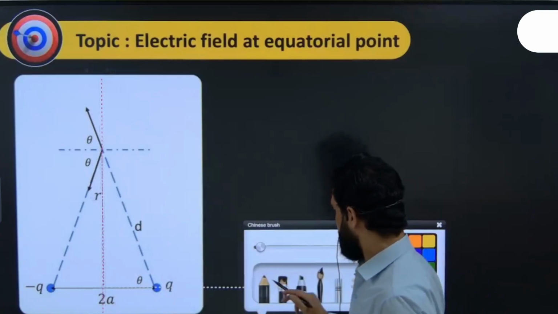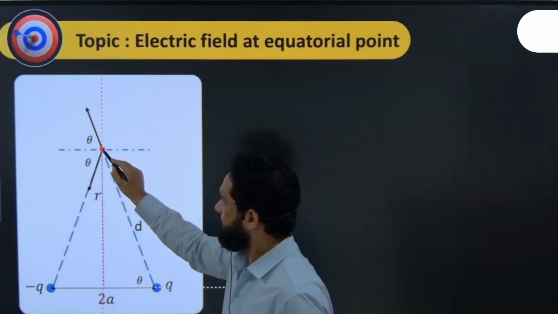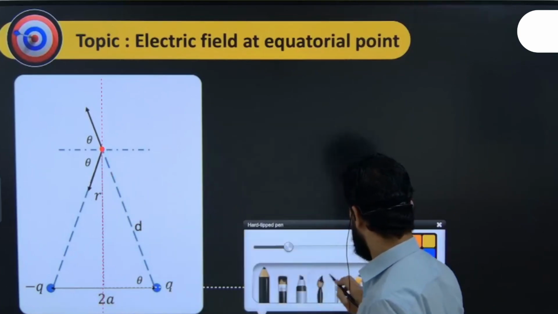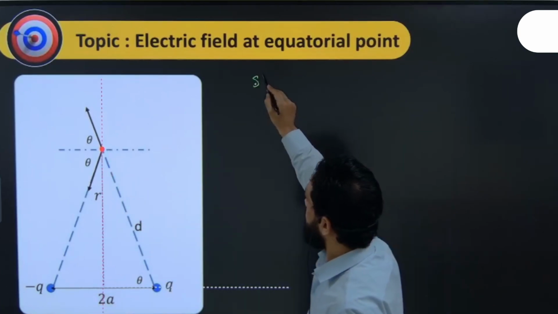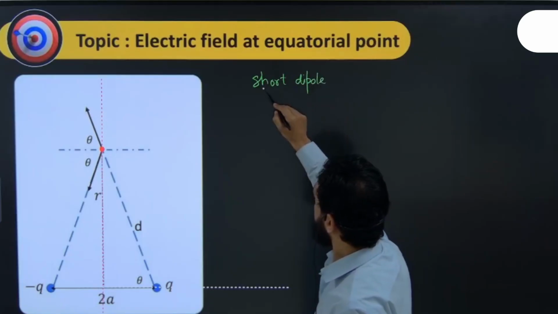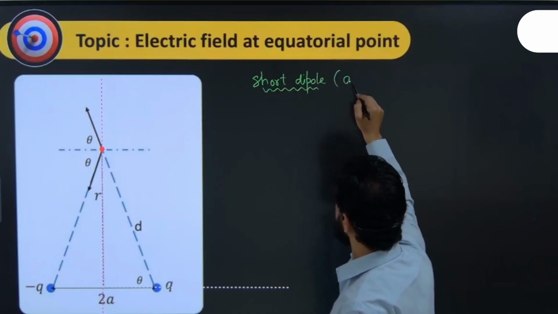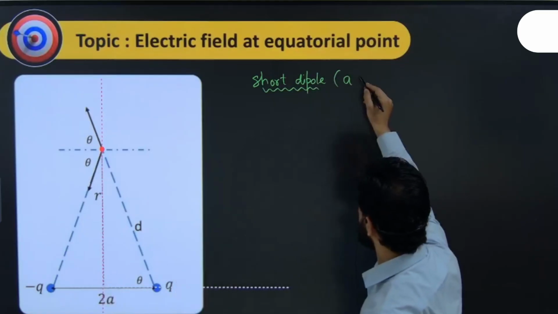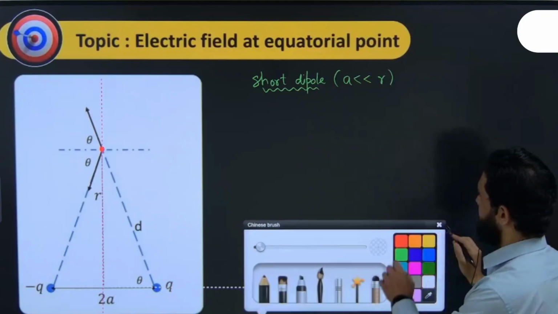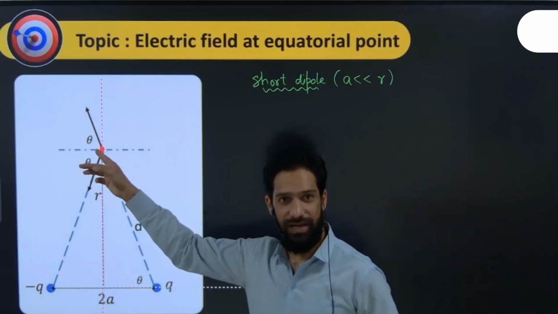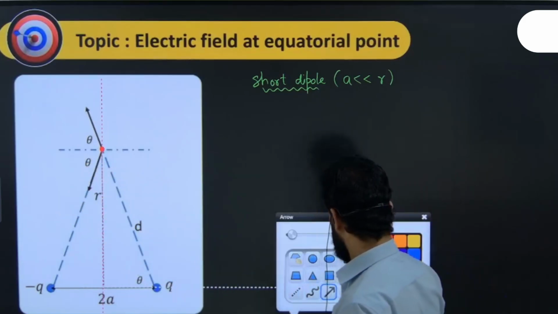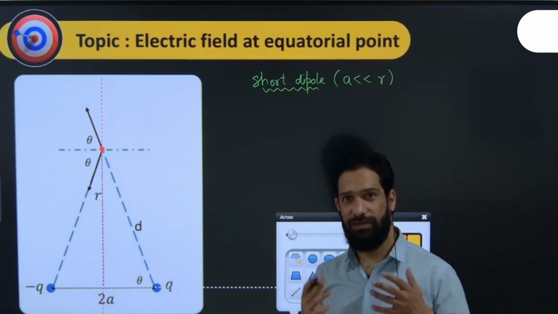And for that equatorial line, if I choose a point again which is at a much larger distance as compared to this, so again I am telling you, let's take a short dipole. This means the distance, or the length between the charges, is much less than r, the distance of the point where you are finding the electric field.